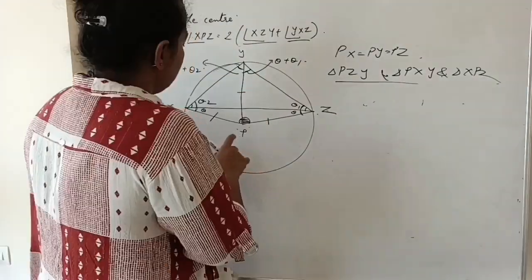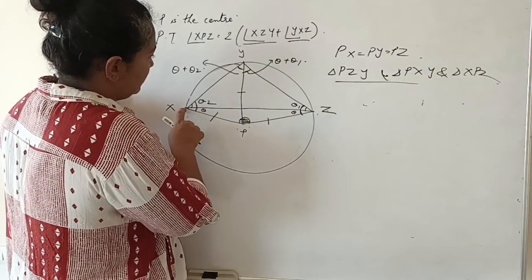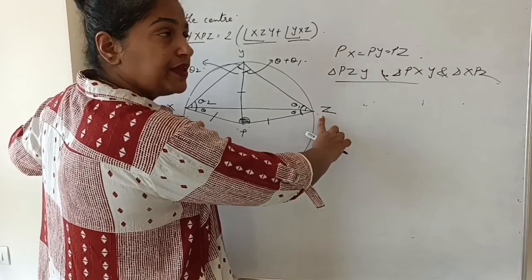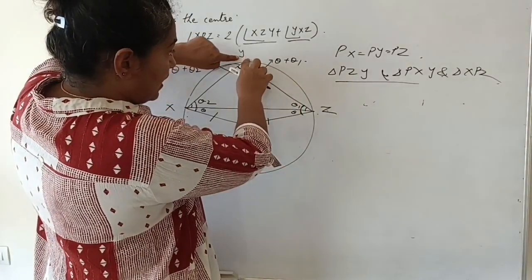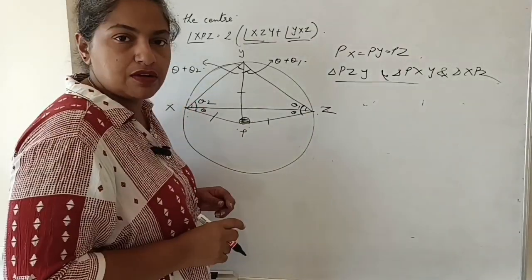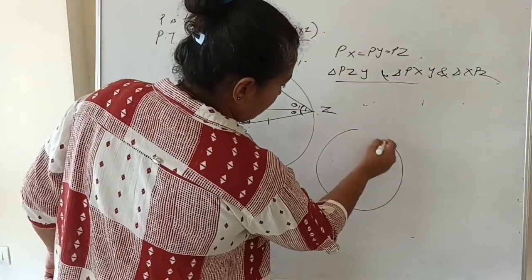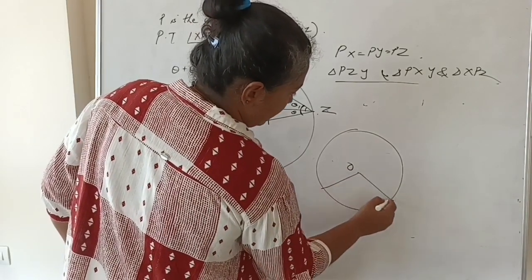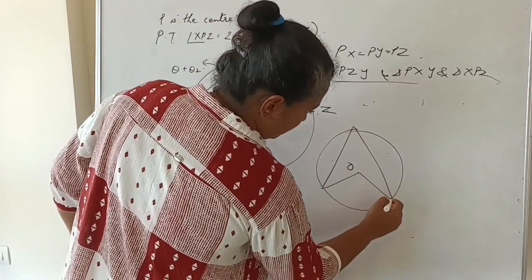Now, here you can see that X, Z are 2 points on the circumference of the circle and it is subtending an angle over here. Correct? Plus, it is connected to the center also. Right now, we studied a theorem wherein we had 2 arcs and this was our first proof.